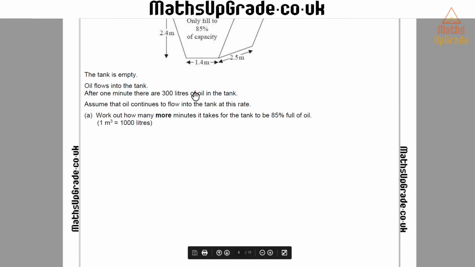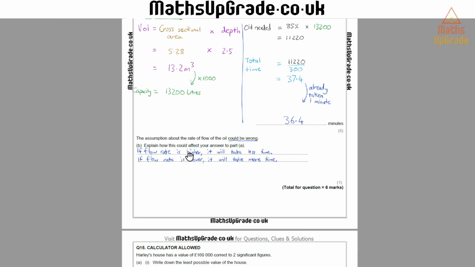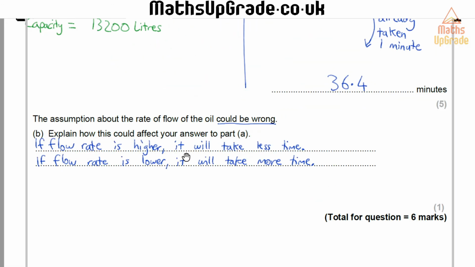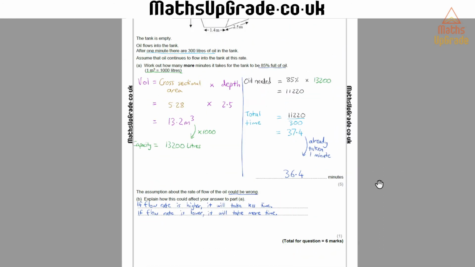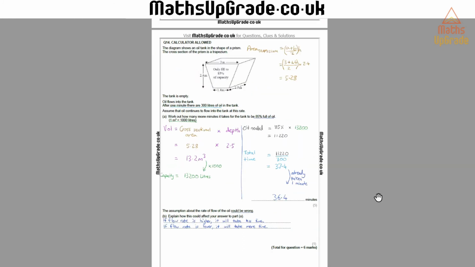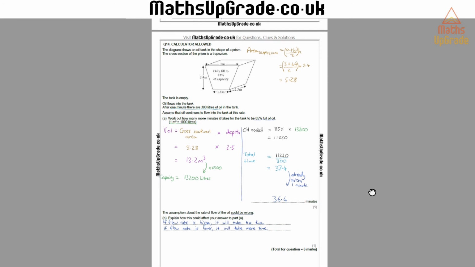So if that flow rate is higher, it will actually take less time. If that flow rate is lower, it will take more time. So that's just what I've written here, and that's all you need really for that 1 mark. The entire question there is worth 6 marks. Again, if you're not sure about volume, be sure to check out my video on volume of 3D shapes on this channel.